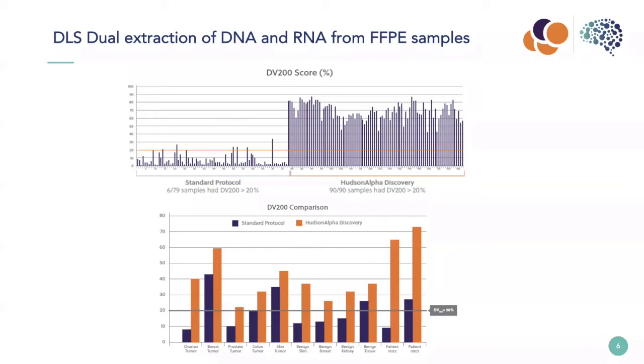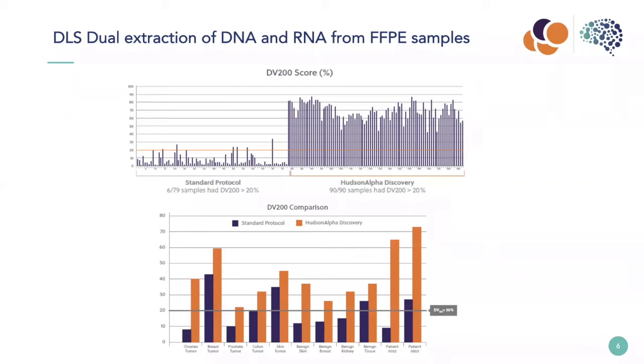So on the left-hand side of the upper panel of the slide, where it says standard protocol, 6 of 79 samples had a DV200 of greater than 20%. The DV200 is a metric of what percentage of the RNA molecules were 200 nucleotides or larger. And so you see 6 of those 79 were above that DV200 of 20%.